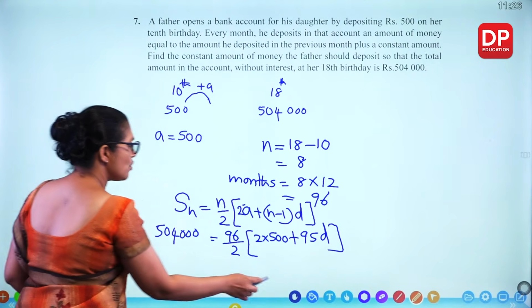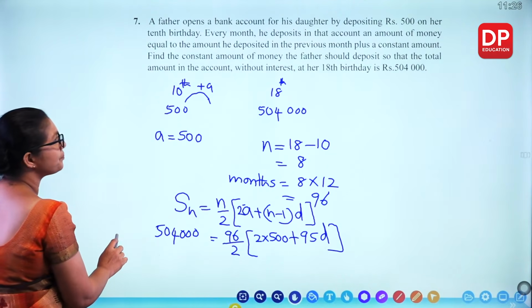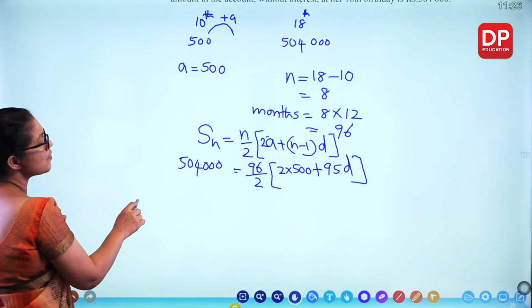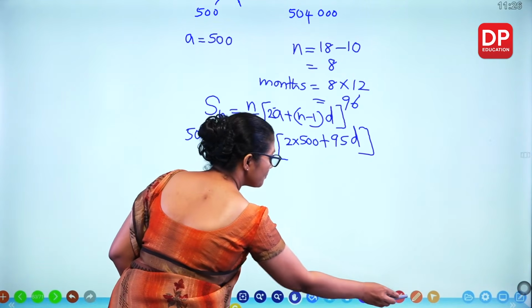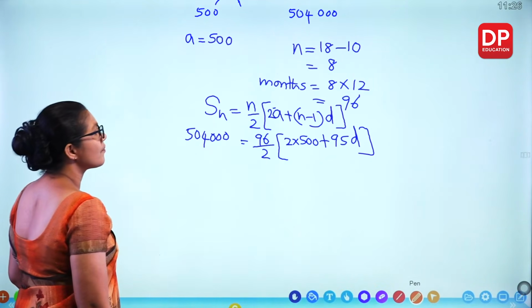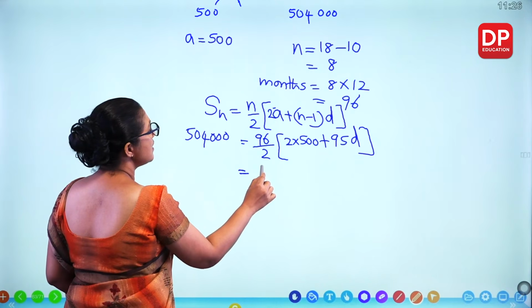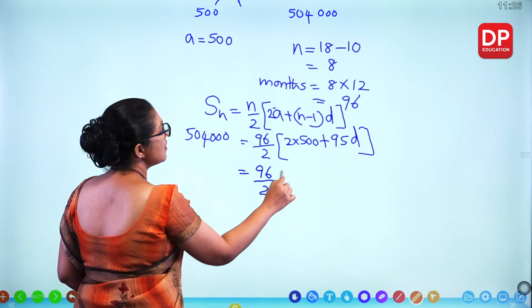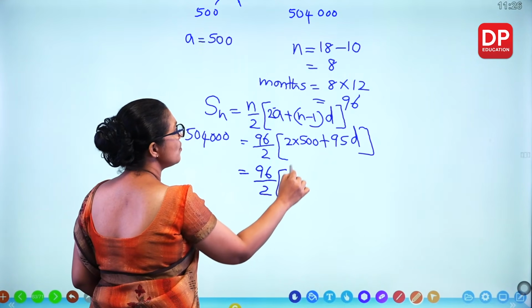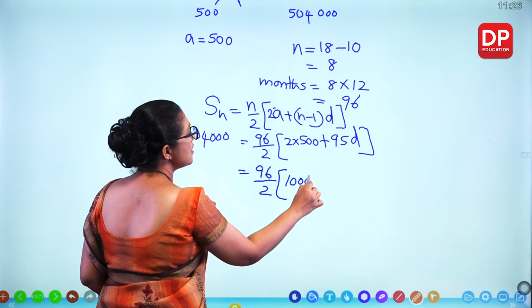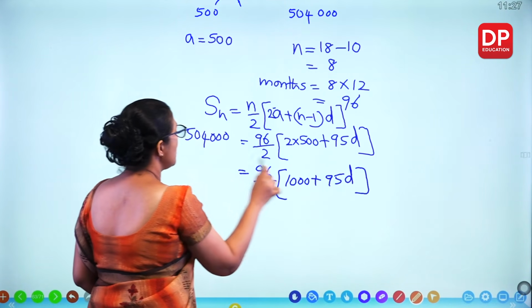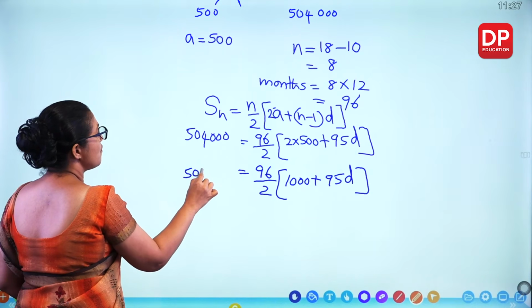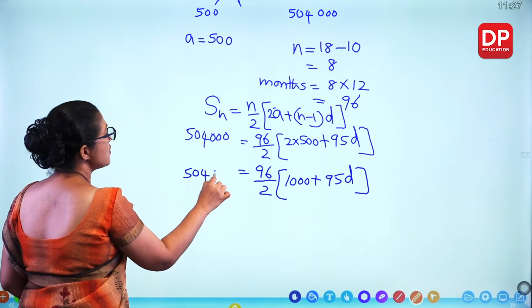Now we need to solve this equation. We'll try to solve this equation now. First we can multiply by 2,000 plus 95D equals 504,000.